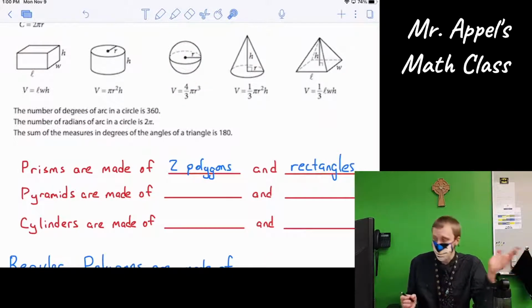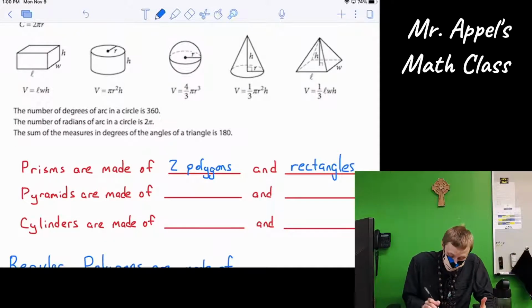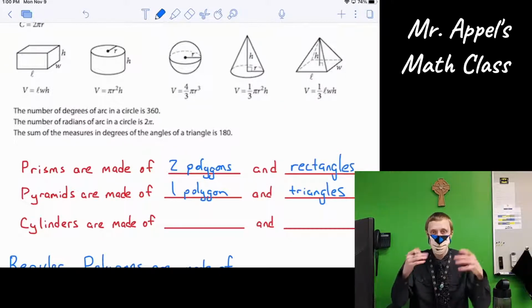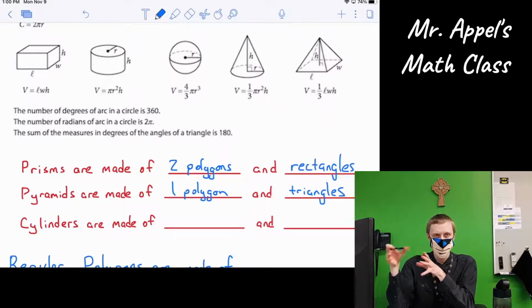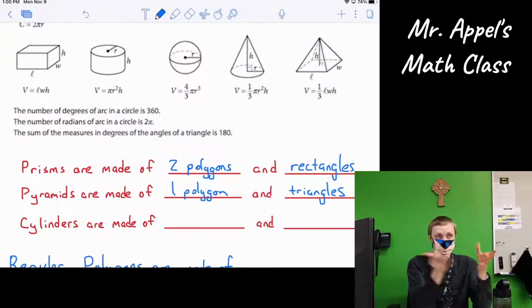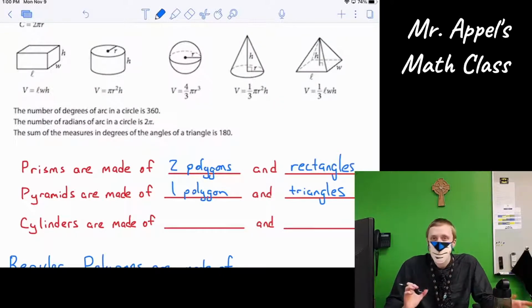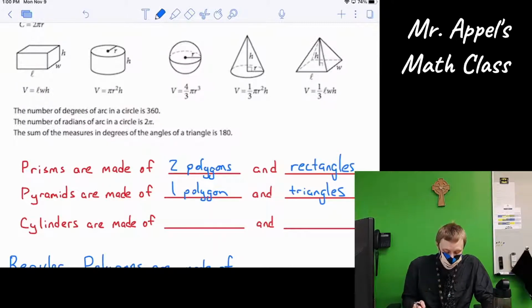Pyramid, similarly simple. There is the one polygon base and a bunch of triangles. So you need to combine the formulas for here's all the triangle sides. They will almost certainly be identical. And then the one polygon base, so use whatever formula is appropriate depending on that shape. Okay? Cylinders are a little bit trickier.